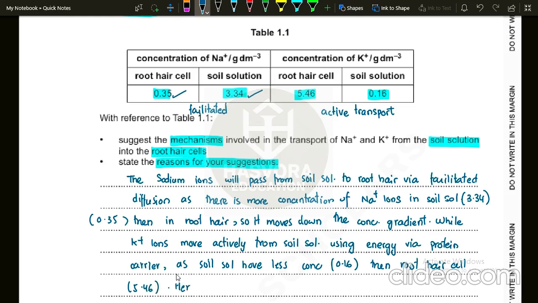Hence, it moves against the concentration gradient.